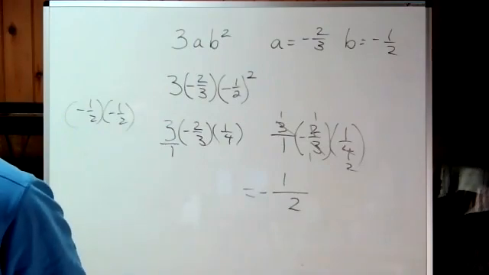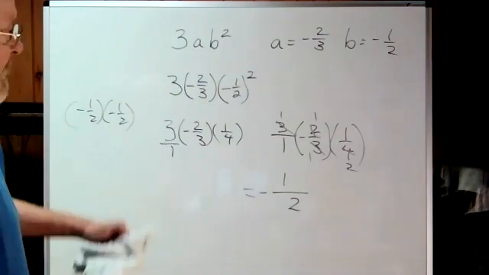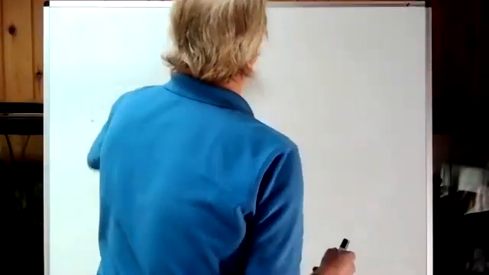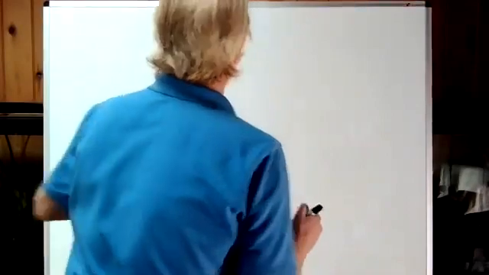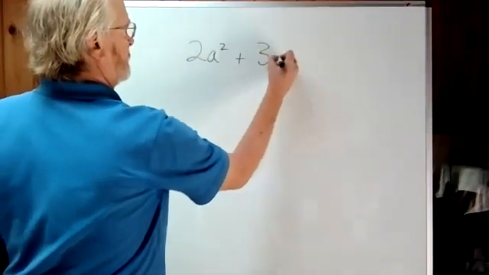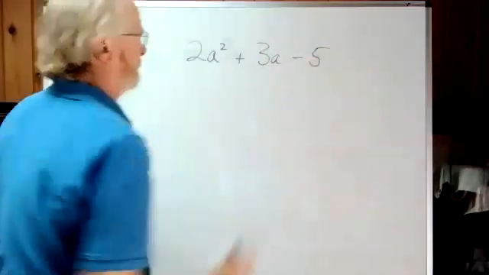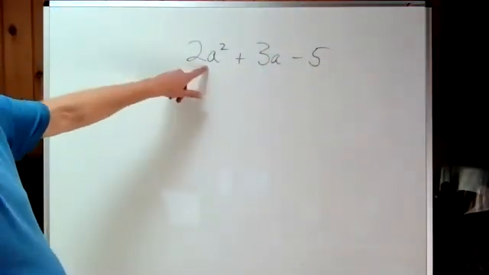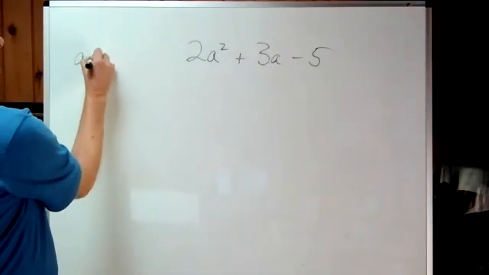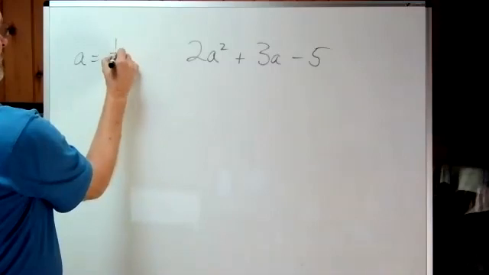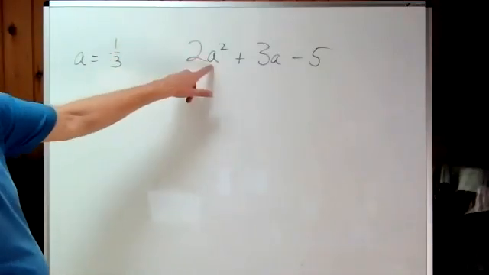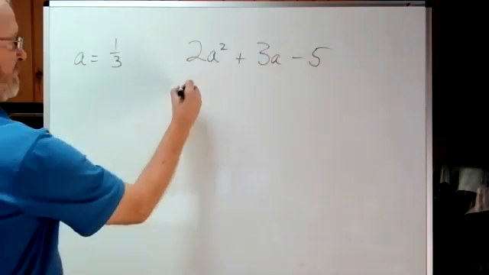I want to put one more up there, although I don't have time. I'm just going to make up something and not work it out. You might run into something in homework with three terms, where one variable is squared and this one's not, and we'll say let A be 1/3. Well, I have to put that 1/3 in for all the A's.